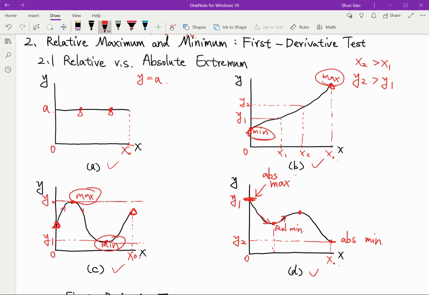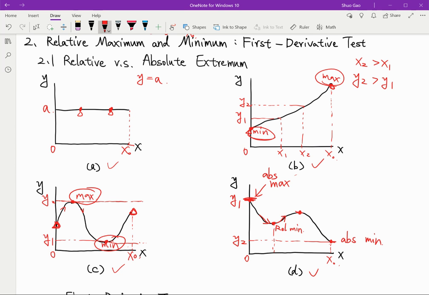And for the nearby points that are larger than the trough point, the y value becomes larger again, right? So that point, the trough point, is the relative minimum, somewhere in between the function.